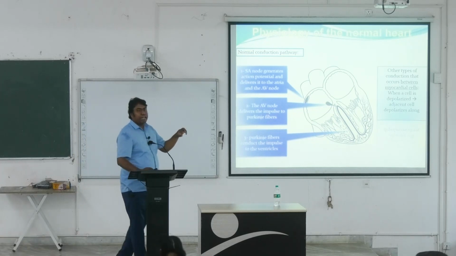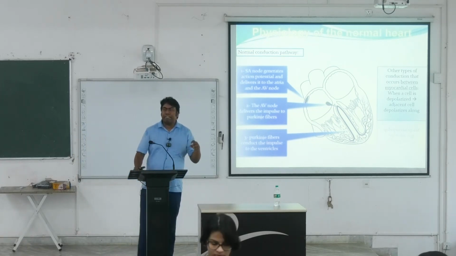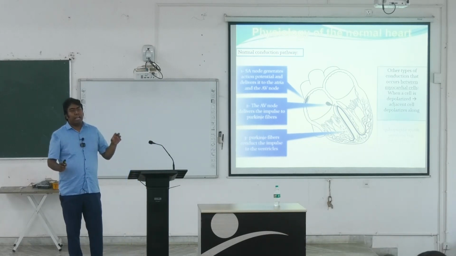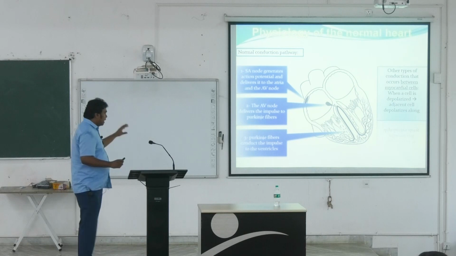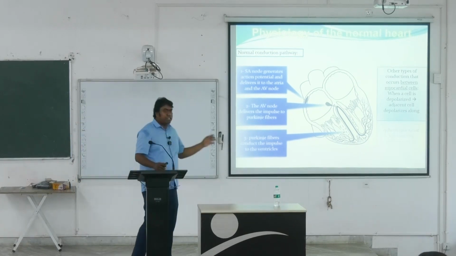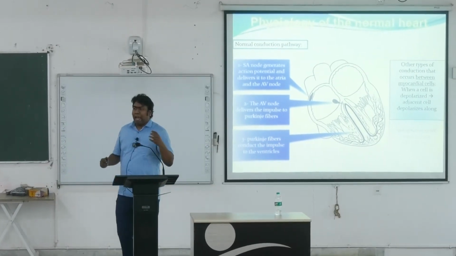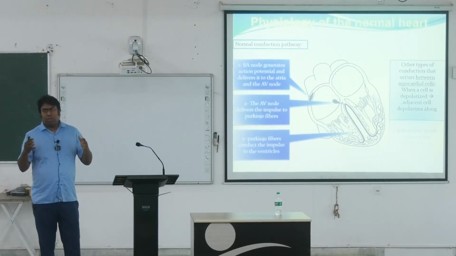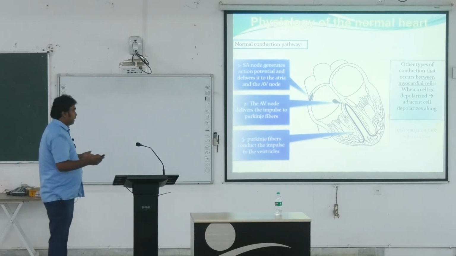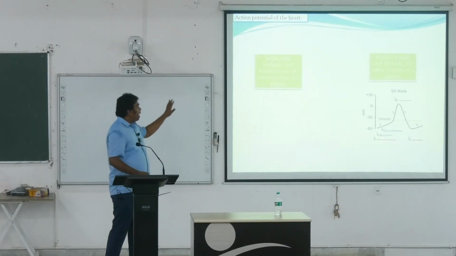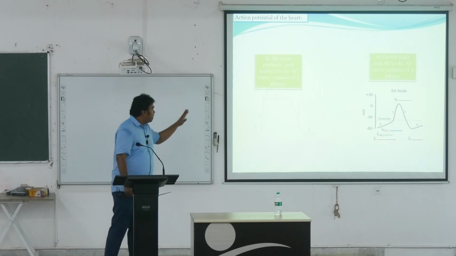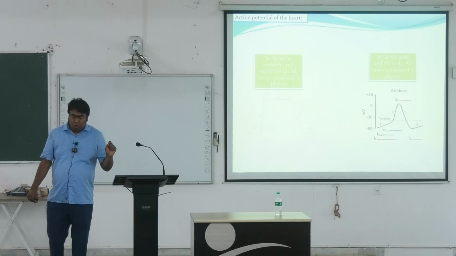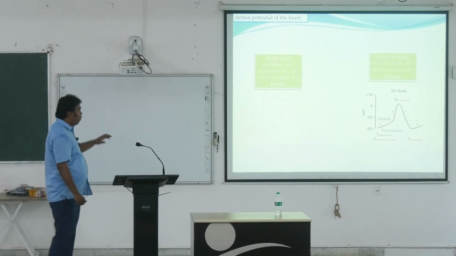So the impulse is generated from the SA node, goes to the AV node and into the ventricle, and the Purkinje fibers electrically stimulate, and after that there is a mechanical conversion of that, leading to cardiac output in the left ventricle. In the atria, Purkinje fiber and ventricle, the electrophysiology has 5 stages: 0, 1, 2, 3, 4.